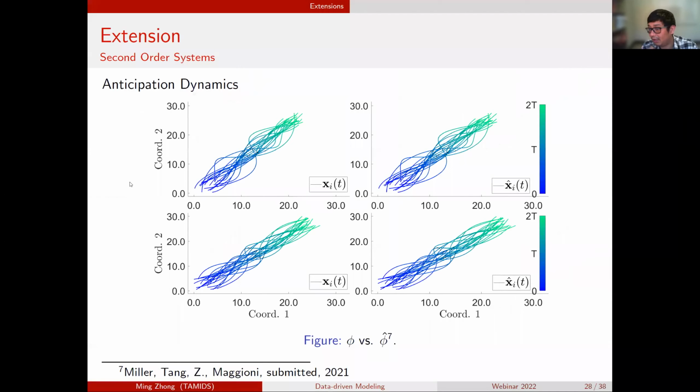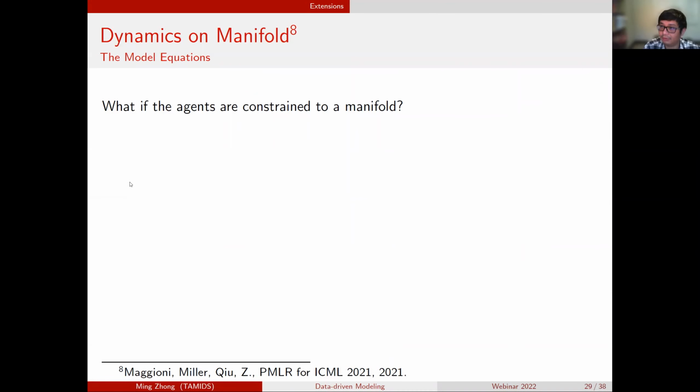Okay, what if my agents are constrained on a manifold, so that the agents are not free to move in Euclidean space? For example, in general relativity, they are constrained to a Lorentz manifold. Can I do that? Then my state belongs to a manifold instead of a Euclidean space.